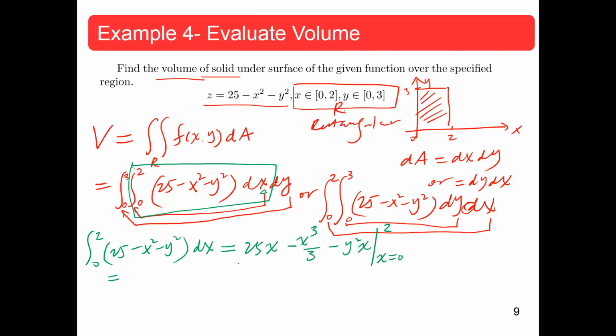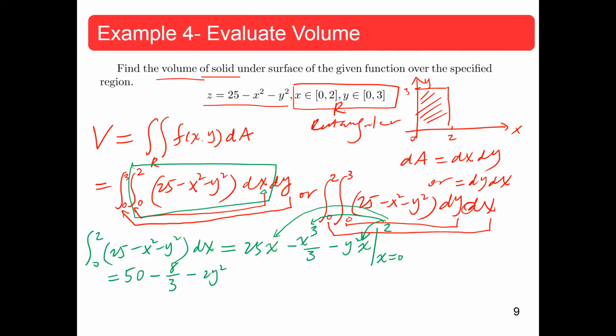If you do 0 to 2, I'm going to plug 2 in for x. Make sure you simply plug them into the right variable. So 25 times 2, that's 50. And you have 2 cubed over 3, which is 8 over 3, minus y squared times the 2, so that's 2y squared. That's what you get when you plug 2 in.